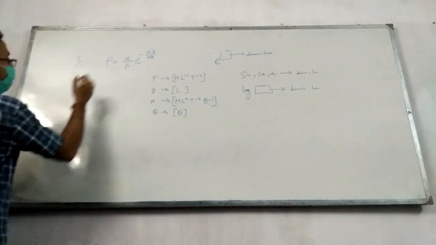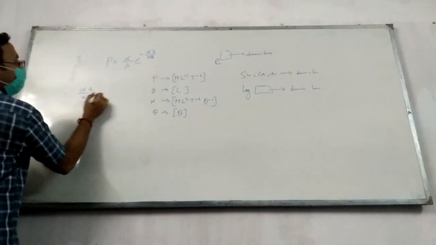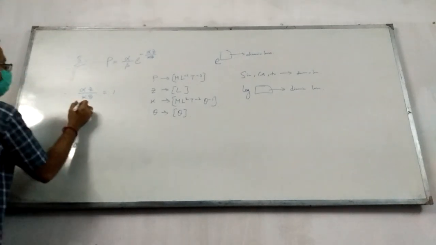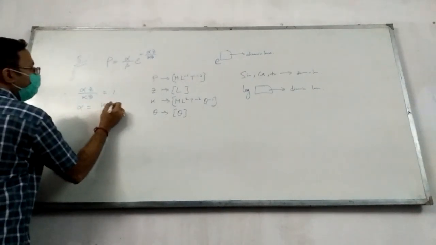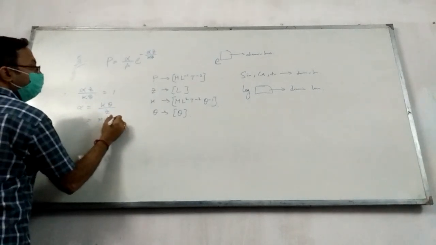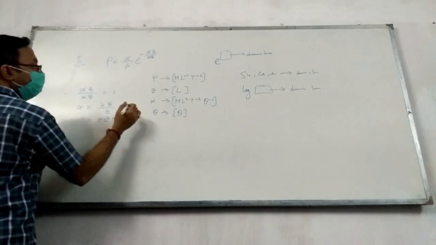Find the dimension of beta. So first we'll find out. We'll say that alpha z by k theta should be dimensionally equal to 1, meaning there shouldn't be any dimension. So alpha will be k theta by z. What is k? M L square T to the power minus 2 theta to the power minus 1.